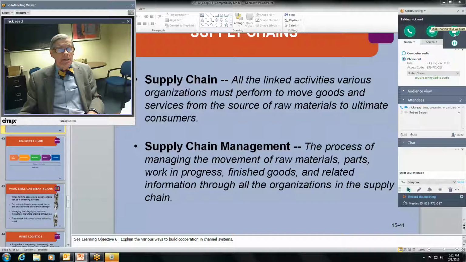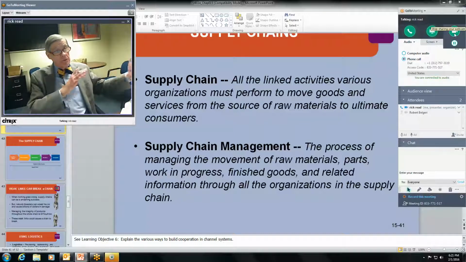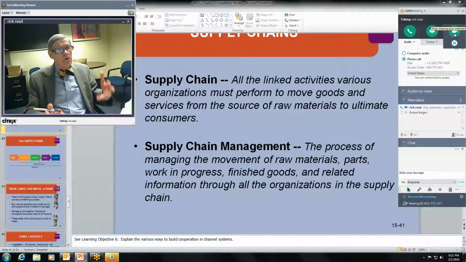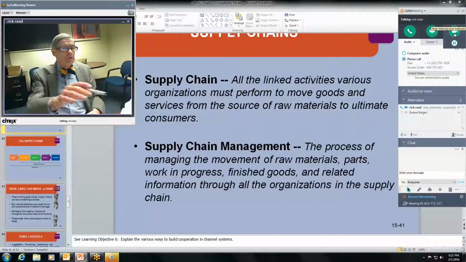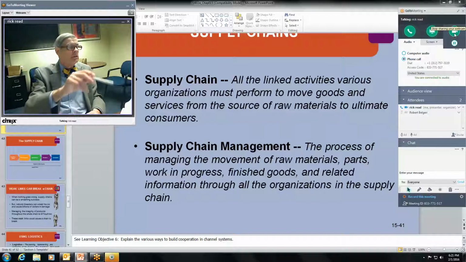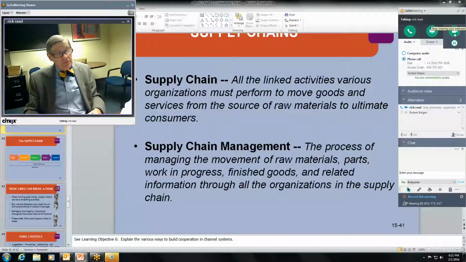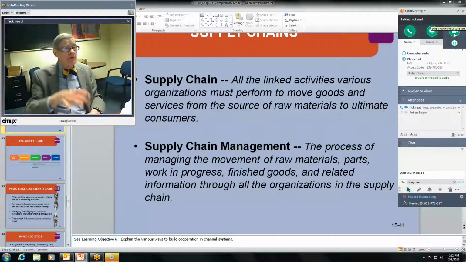A supply chain simply links all the activities of transporting goods from one place to another. Logistics may be a better word for that. All the activities they have to perform to move goods and services and raw materials to the end user. And supply chain management is simply all the things that the managers have to do to make sure that this system runs smoothly.